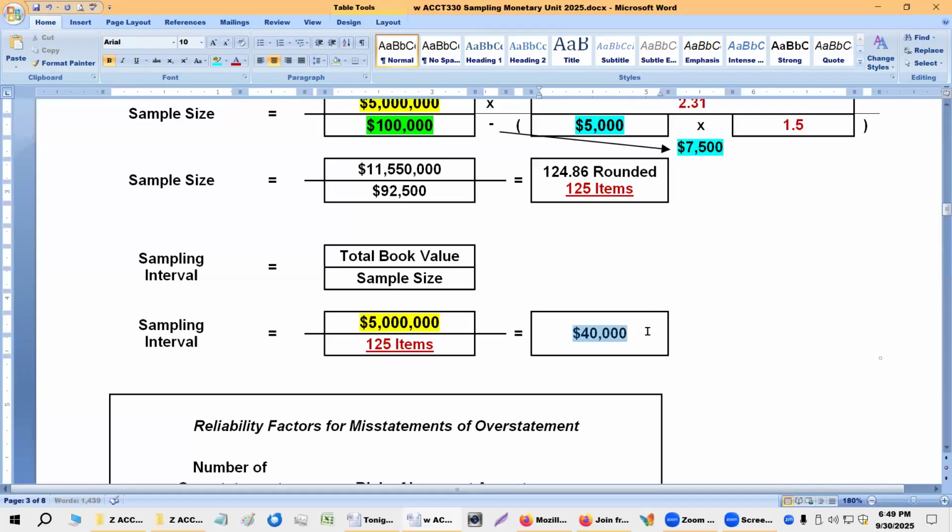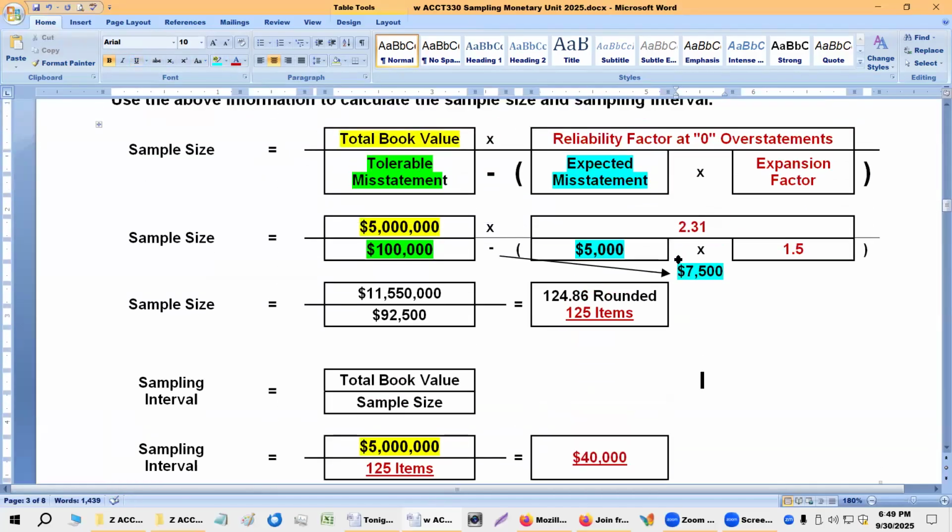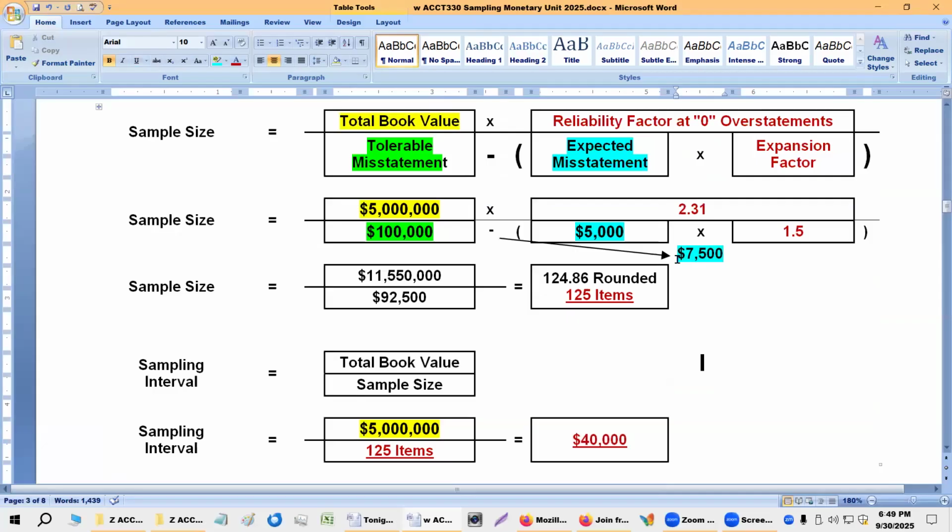That's a nice clean interval. Yeah, maybe too clean. Is that what you guys got? Yes. All right, good.